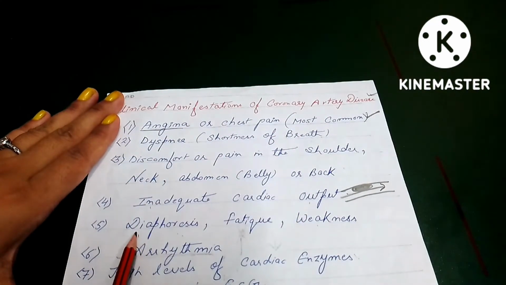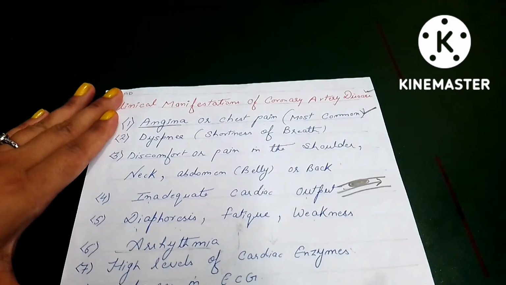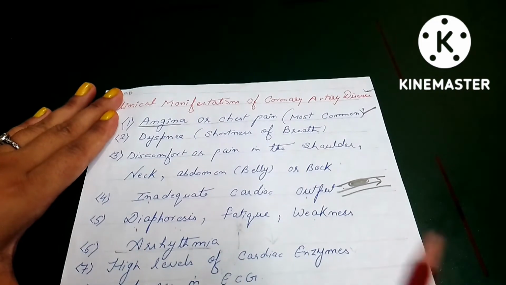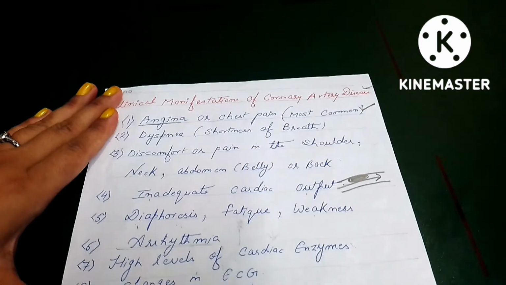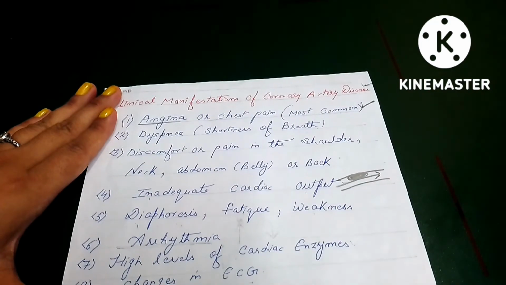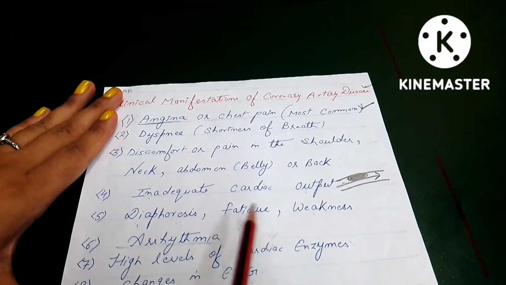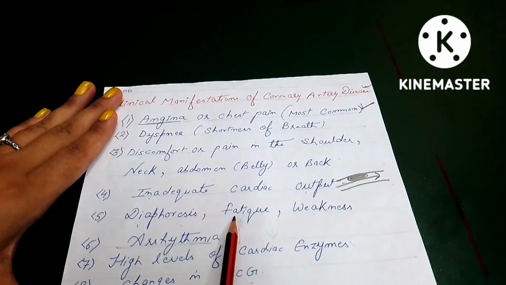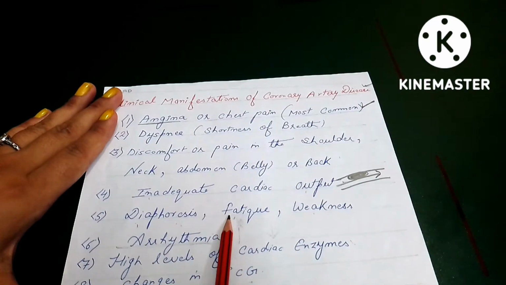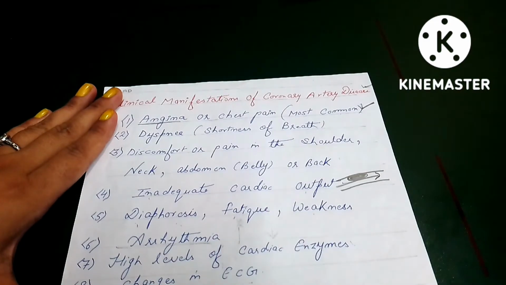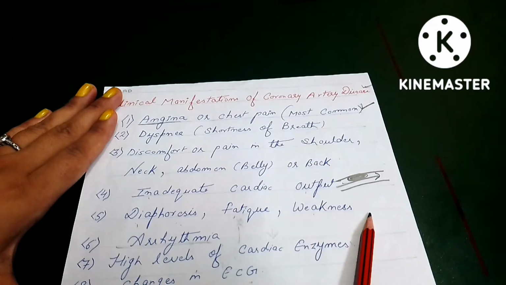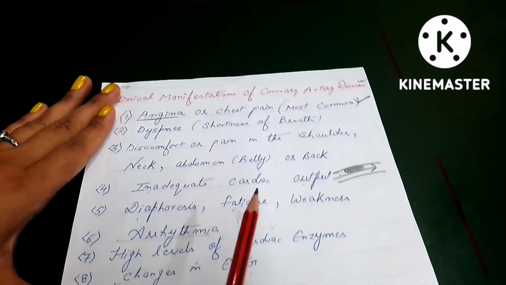Next symptom is diaphoresis, which means the patient will feel excessive sweating, even though he is not doing any work. Fatigue will occur in the patient, because of lack of oxygen and nutrition supply the body cells will start to die, and there will be weakness due to the lack of blood and oxygen supply.